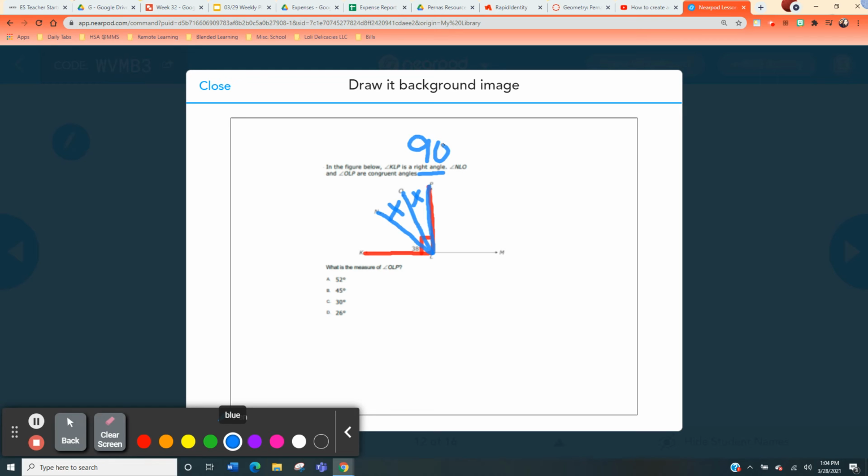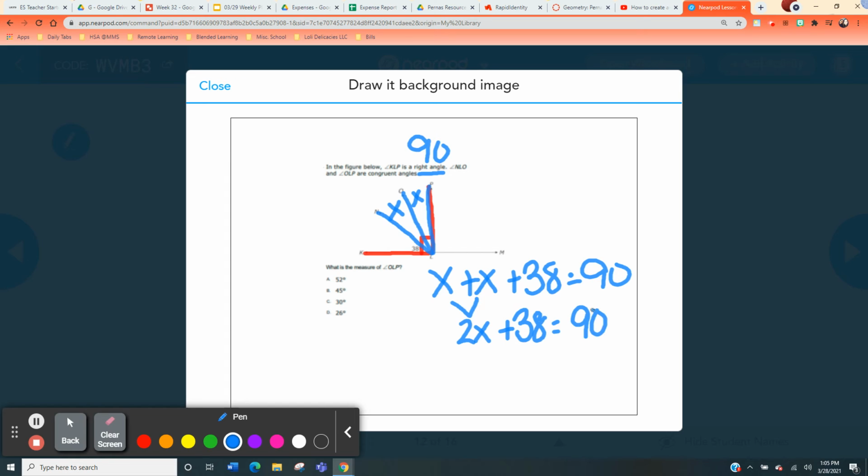So my equation is going to look like this. X plus X plus 38 equals 90. So combine like terms gives me 2x plus 38 equals 90.